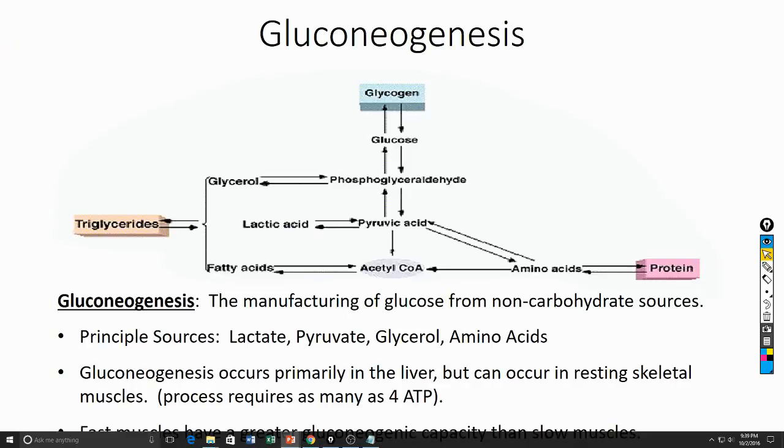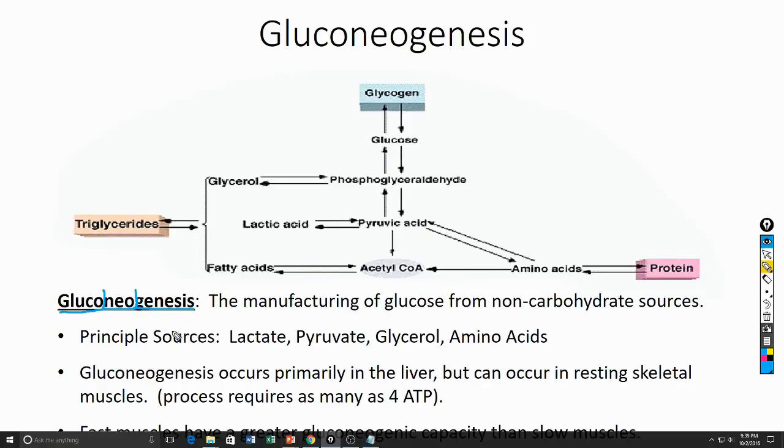Gluconeogenesis. Okay, this is a mouthful, I know, but if we break it down once again, glucose, new genesis. So creation of new glucose. Okay? Gluconeogenesis. It's a big word, not really that frightening once you look at all the parts of it.